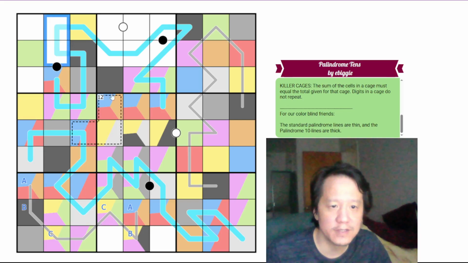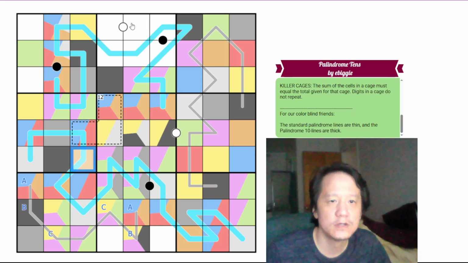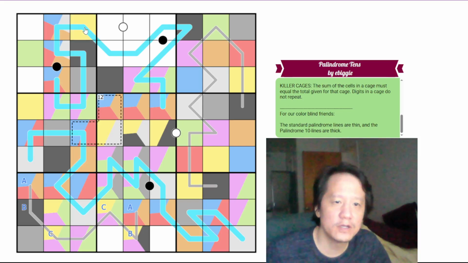So what's left is blue, orange, red, and what else? Light? Yeah, light. So yellow means this is yellow here. This is medium, which matches medium here.